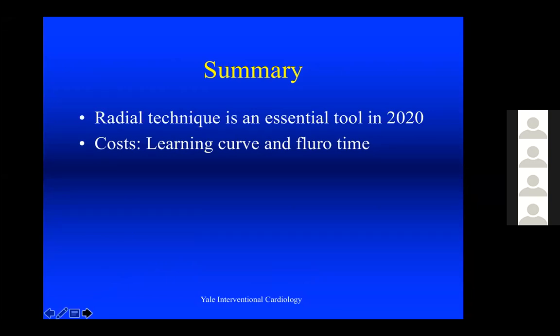The data suggests fluoro times are longer, although I would say that with experience, the fluoro times come together between femoral and radial. The data definitely supports improved outcomes in acute coronary syndrome, mostly mediated through lowered bleeding rates.